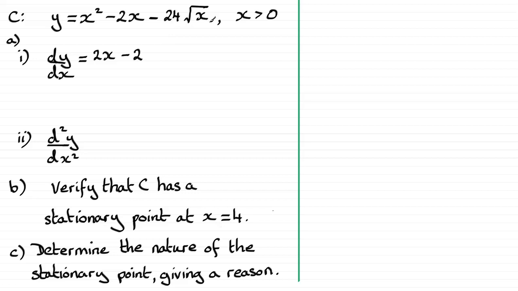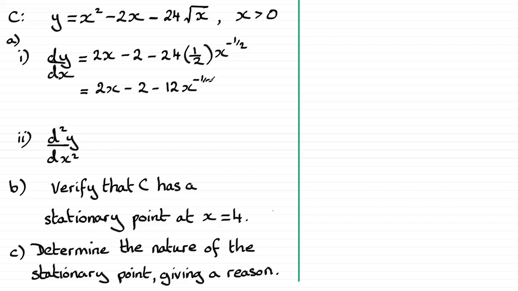And then we've got minus 24x to the power half in place of root x, so it's going to be minus 24 times the power a half, and reduce the power by 1, so it's x to the power minus a half. And if you clean this up, you're going to end up with 2x minus 2 minus 12 x to the power minus a half.